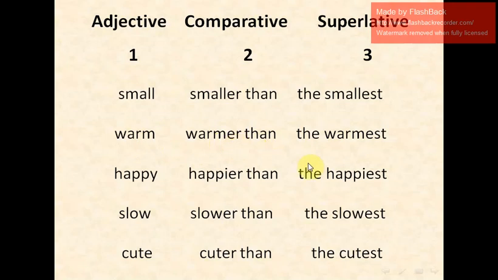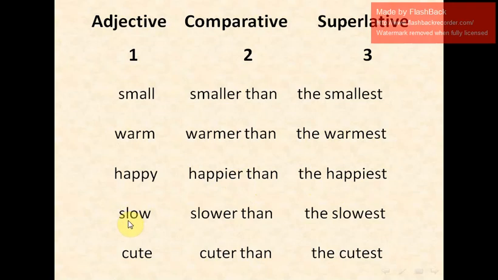Again, you see the two letters. When I'm comparing this place to all the places of the world, three or more or 100, I will say the warmest, EST, and the keyword the warmest place in the world. Happy. One person is happy, but two persons, happier than. Three or more, the happiest.